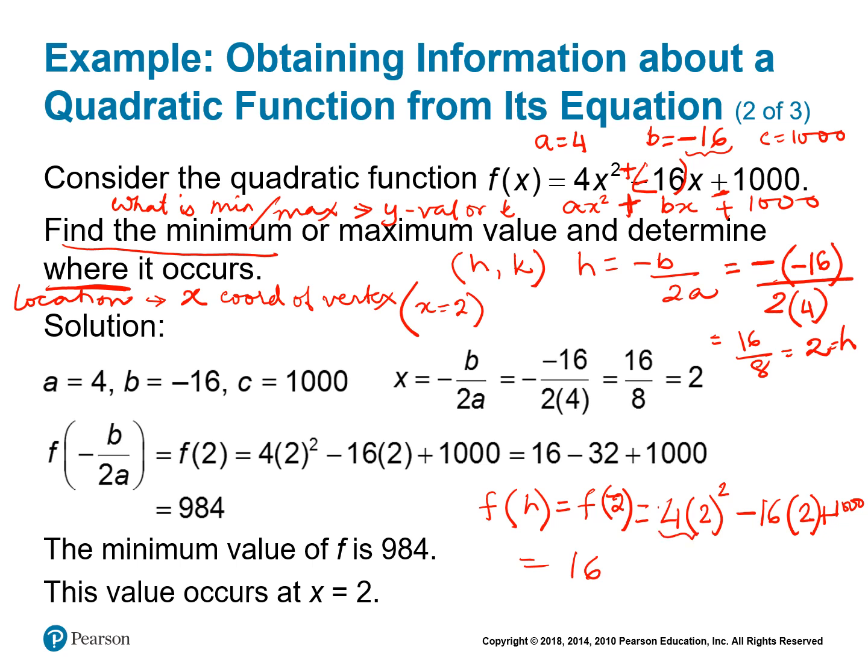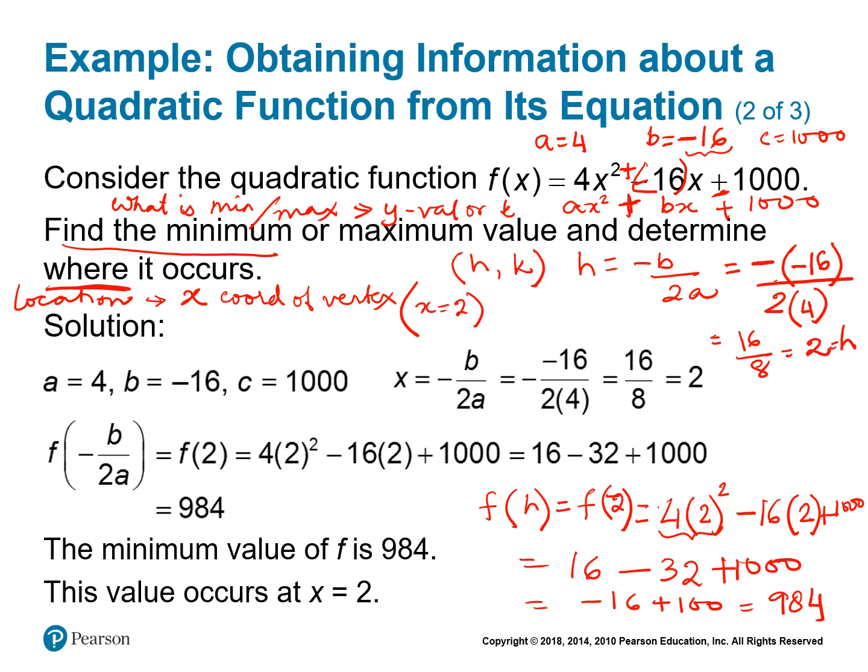So this is 16, and then minus 16 times 2, the next term is minus 32, plus 1000. So we have negative 16 plus 1000, which is going to be 984. So that's going to be the y coordinate, also called k value of the vertex.